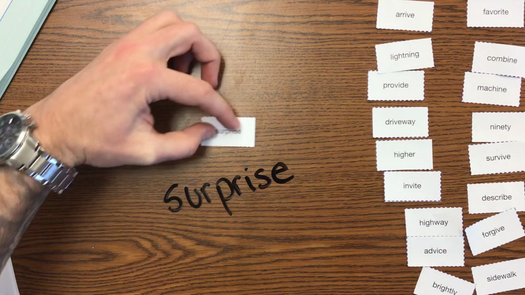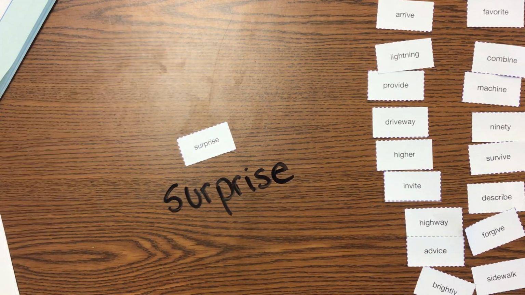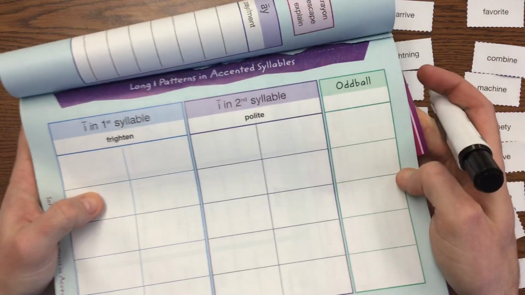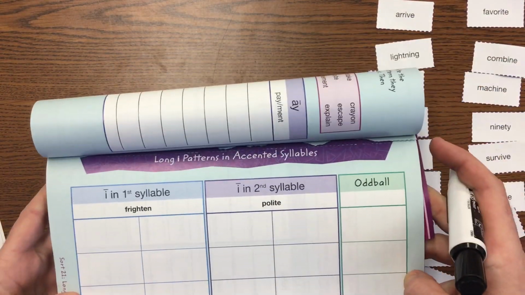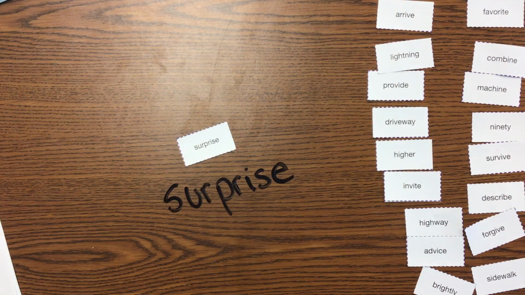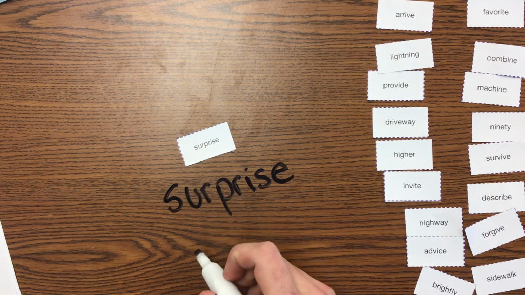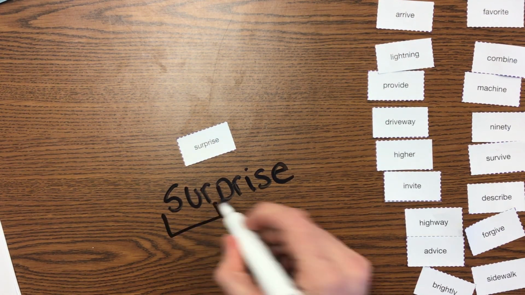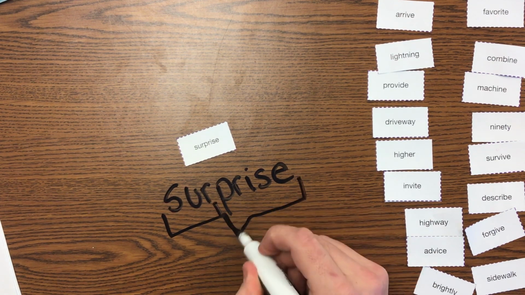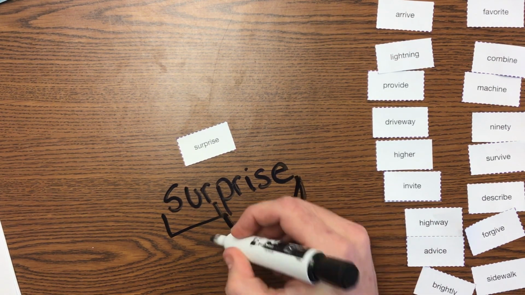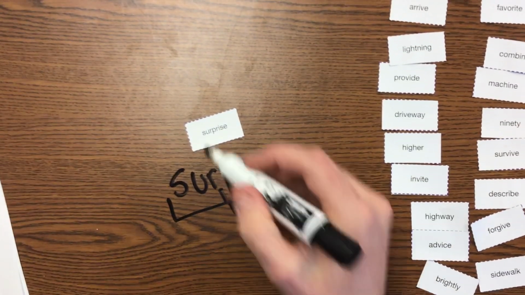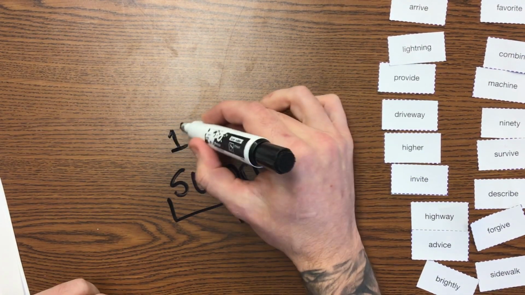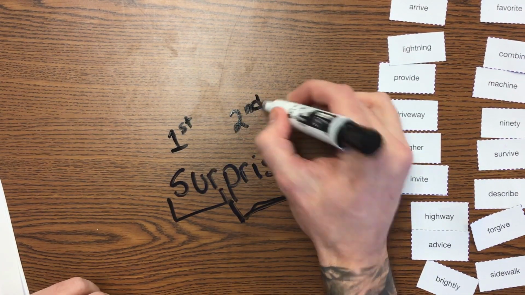We want to break up the syllables, okay? Because it's having us sort in only a couple of syllables. Most of these words are two-syllable words. So this would be surprise, okay? And you can see that this is my first syllable, this is my second syllable, okay?